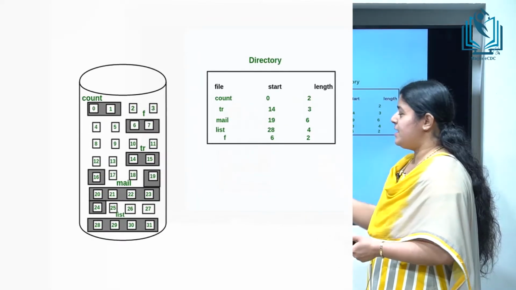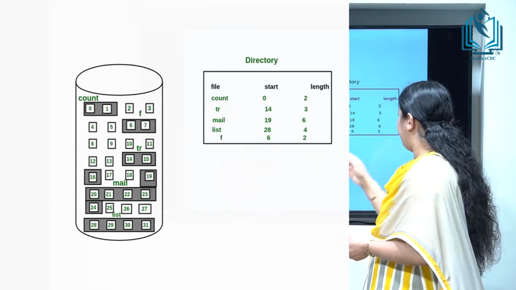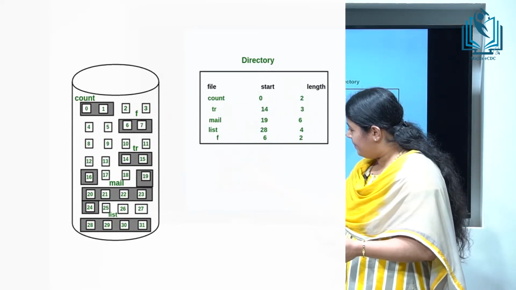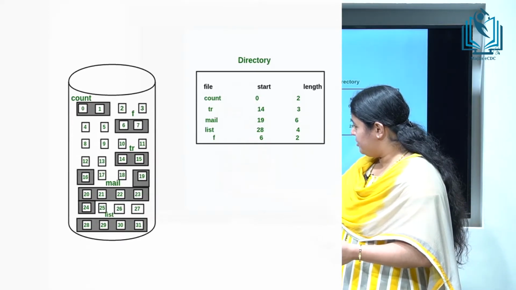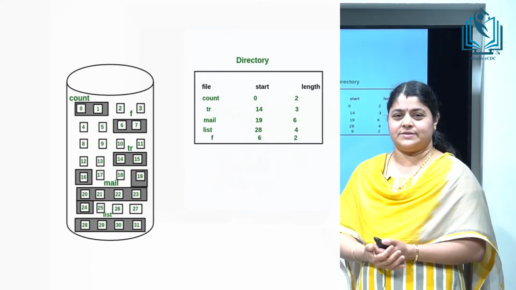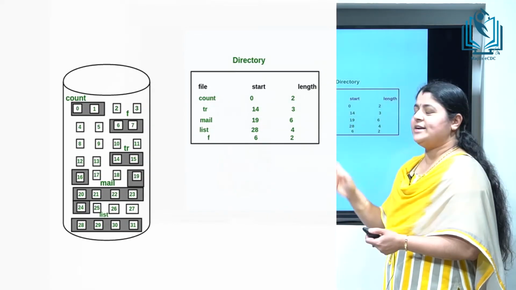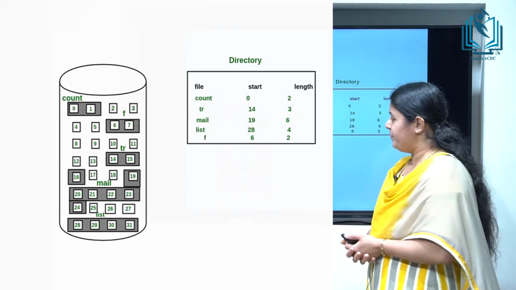Next file is mail, the starting block address is 19 and the length is 6. In the disk allocation, the mail file is stored in blocks 19 to 24. Next is the list file, the starting block address is 28 and the length is 4.